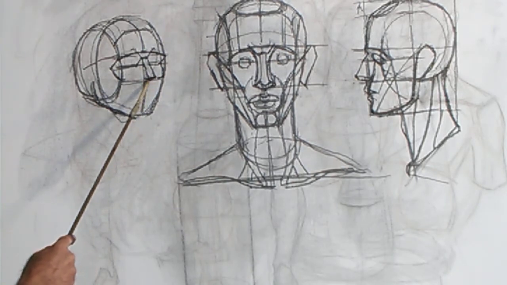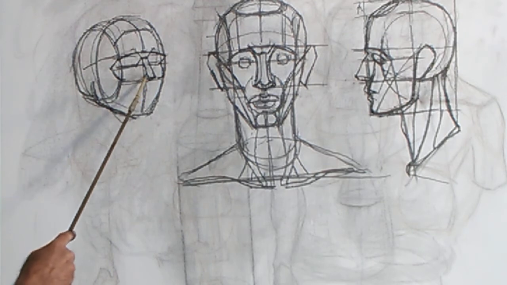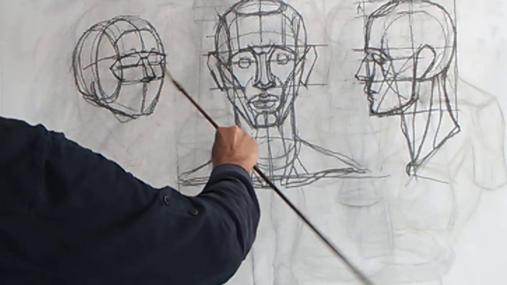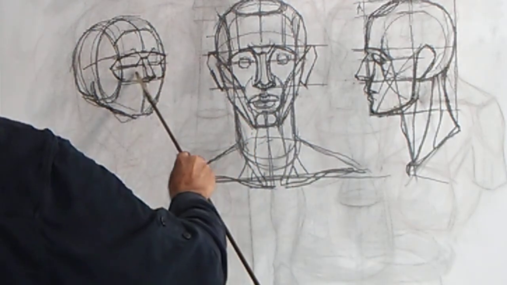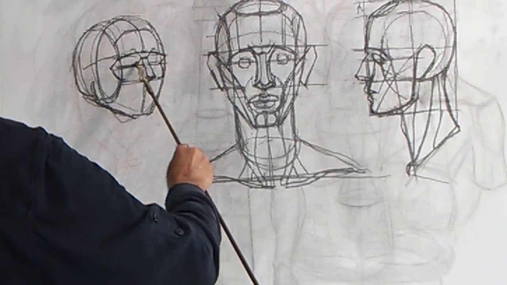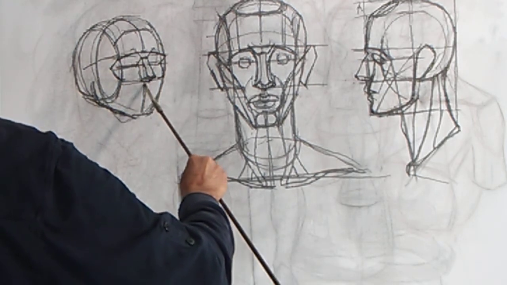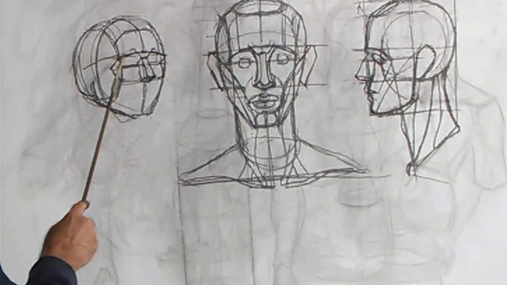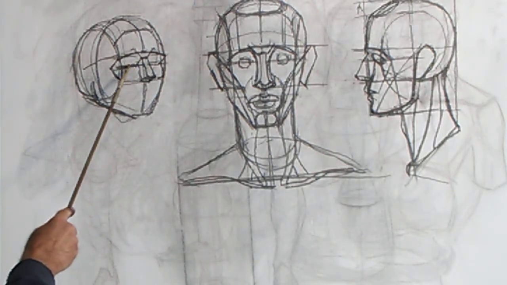So I'm going to do a little bit with an underplane from this angle, not too much. So I'm going to do it like this. And this would become the side of the nose. Okay, so the eye ultimately would go in here, right there.